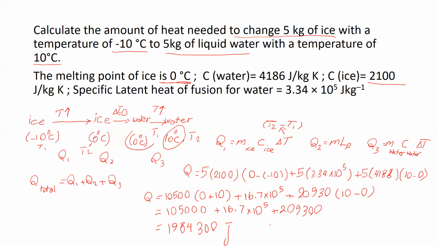Because this number is really big, we can divide it by 1000 to convert it to kilojoules, but we don't have to. If we divide it by 1000, it becomes 1,890 kilojoules.